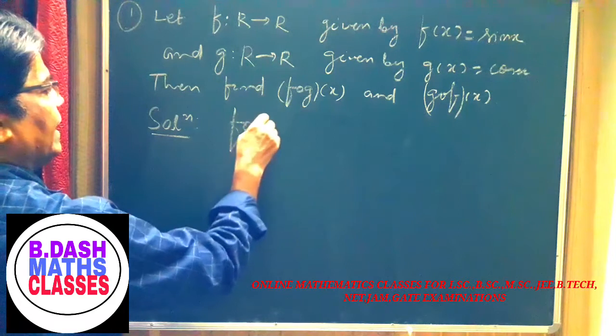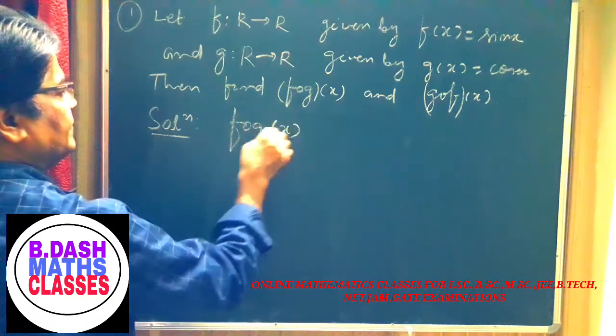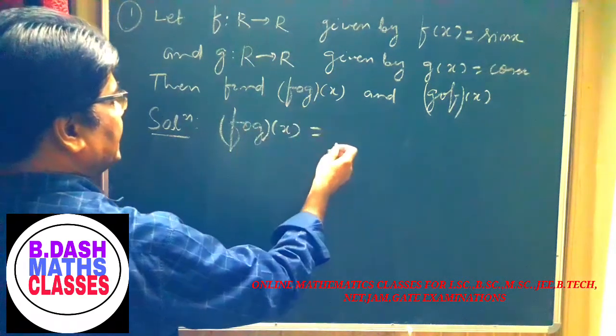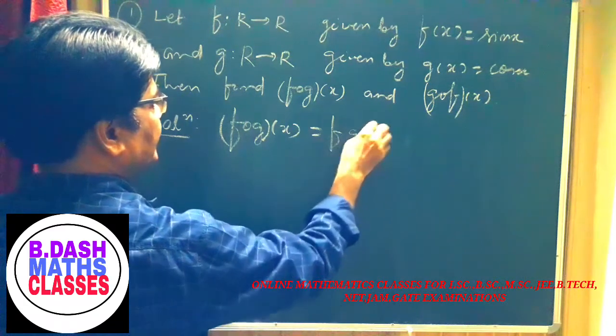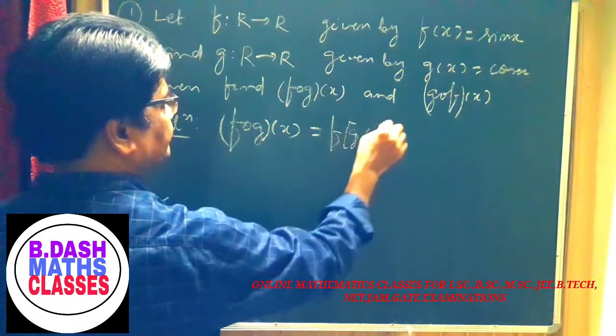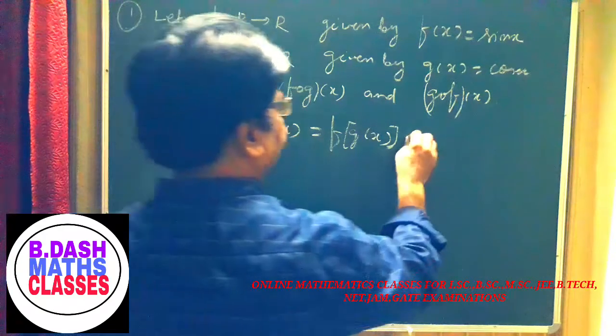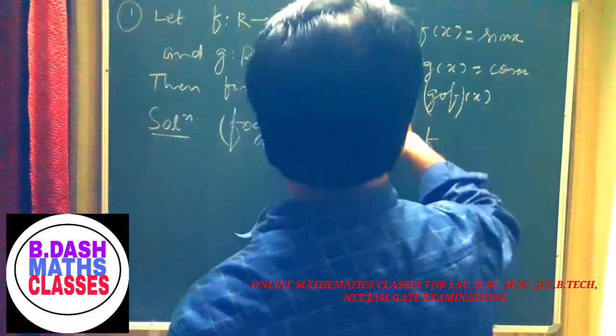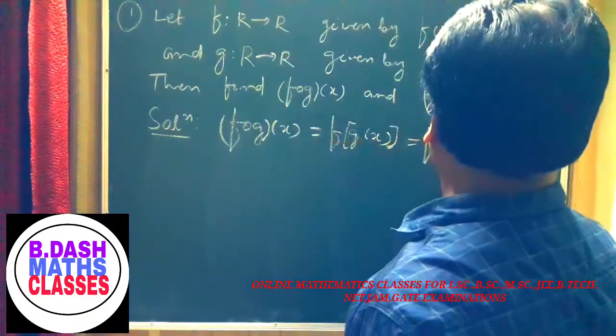So first f∘g of x. This can be written as f(g(x)). Now what is g(x)? g(x) is equal to cos x. It is given.